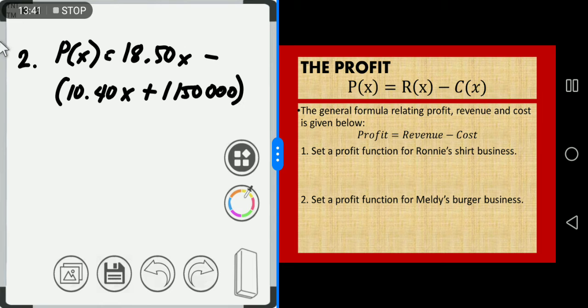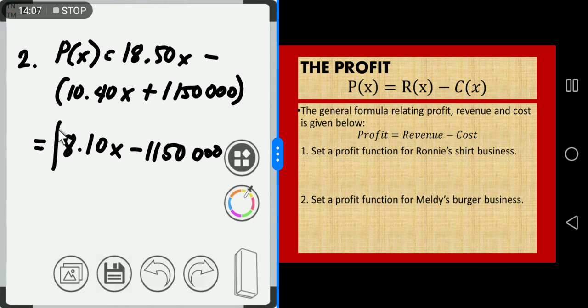Okay? So, 1850 minus 1040 is equal to 810, or 8.10x. Then, the minus sign will affect your fixed cost. So, it's minus 1,150,000. Ayan. So, this will be the profit function for Meldy's Burger business.